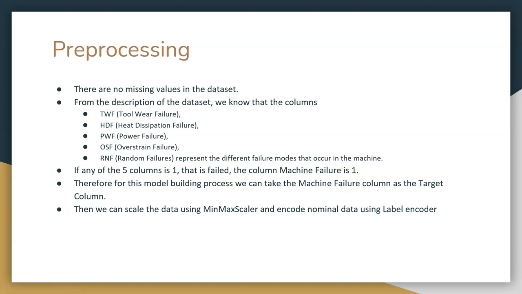That means the machine has failed. If any one of the failures happens, it means the machine has failed, right? So therefore, for the purpose of this model building process, we will take the machine failure column as the target column, right? We will then scale the data using min-max scaler and encode the nominal data using label encoder, right? Is this clear up to this point?